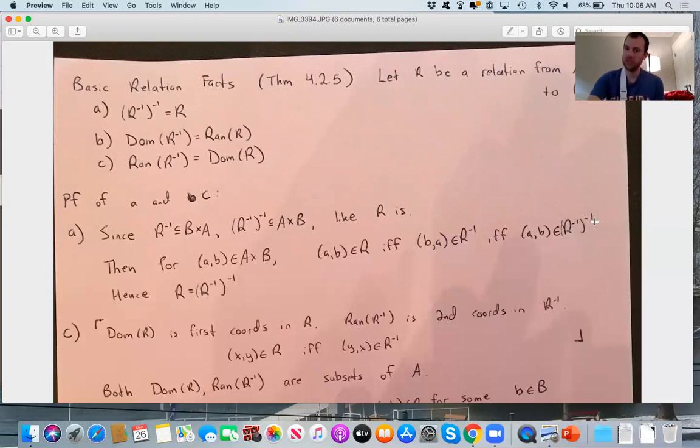But then what we've established is this ordered pair (a, b) being in the relation R is equivalent to that same ordered pair (a, b) being in the inverse of R inverse. And so for any pair (a, b) in A times B, you're in R if and only if you are in R inverse inverse. And that means that these two sets have exactly the same elements.